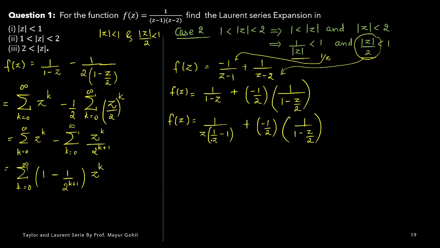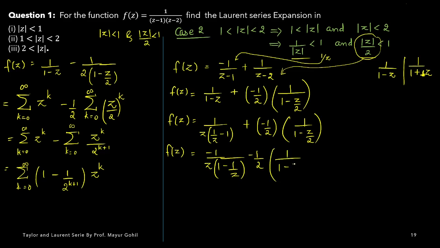But here there is some format missing, because our format for expansion is 1 upon 1 minus z, or we can establish it as 1 upon 1 plus z. These are the two formulas that I told you to remember. So in this case I will write f of z equal to minus of 1 by z times 1 upon 1 minus 1 upon z, and here it is minus of 1 by 2 times 1 upon 1 minus z by 2.